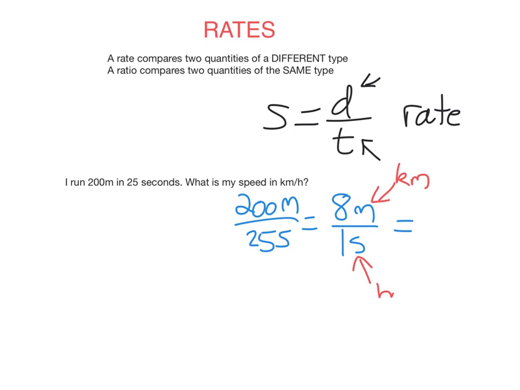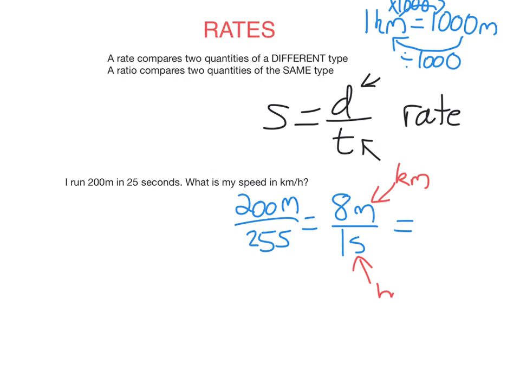So we know that 1 kilometre, I'm just writing at the top right-hand corner, is 1,000 metres, okay? So if I want to go from kilometres to metres, what I've done to get from 1 to 1,000 is times by 1,000. But if I want to go the other way, metres to kilometres, to get from 1,000 to 1, I've divided by 1,000.